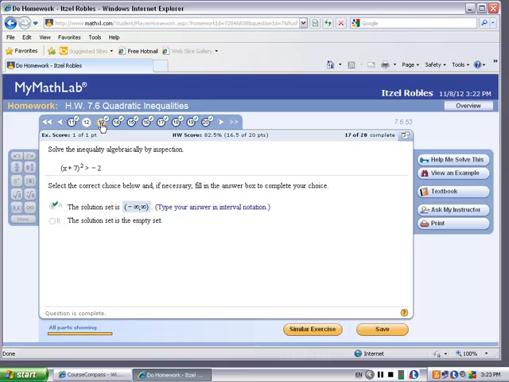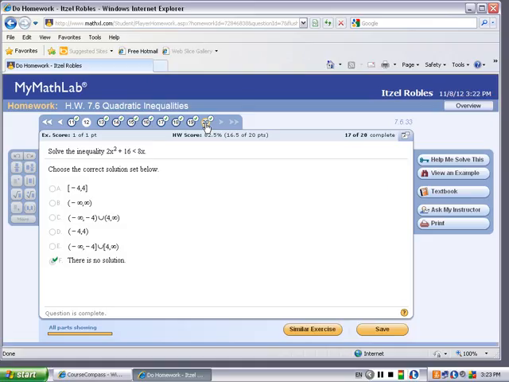20. I love questions. Okay, solve the inequality: 2x squared plus 16 less than 8x. Okay, what should we do?